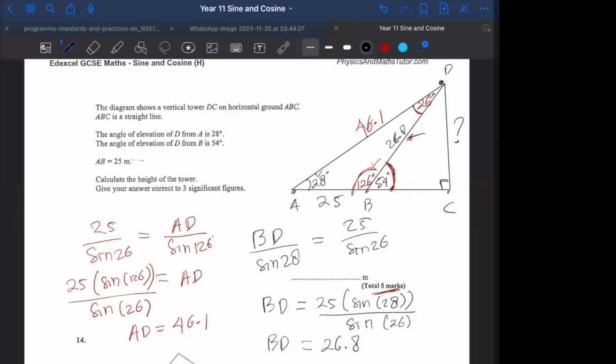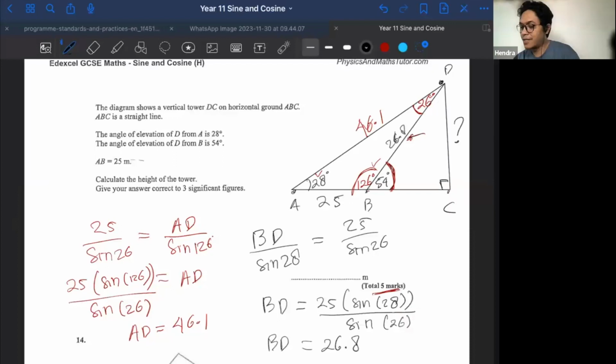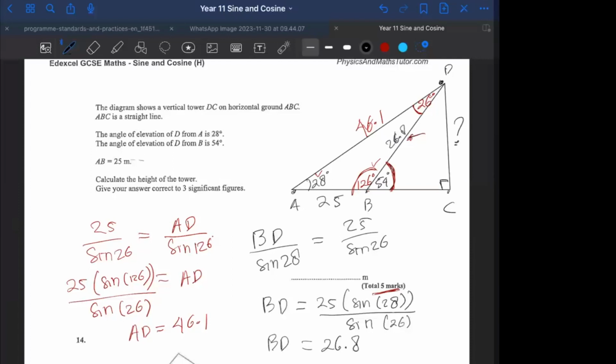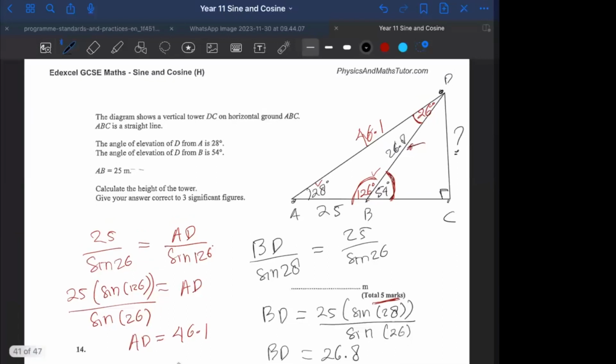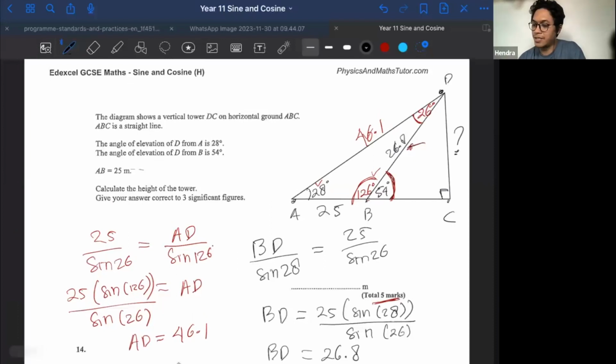From that we can find BC, or we can go directly to DC. Let me redraw this triangle here.